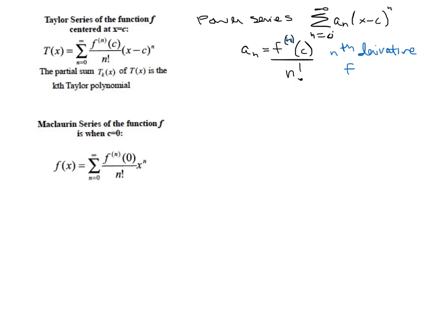And the 0th derivative is not a derivative at all, so it's just the function itself. And then the first derivative, second derivative, third derivative, etc. of the function.